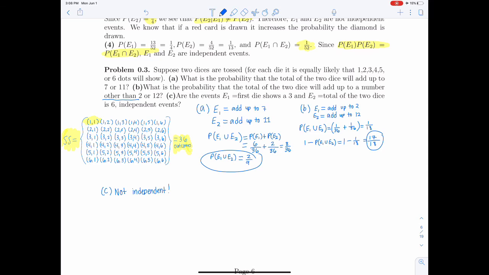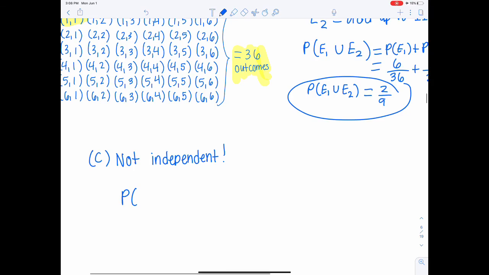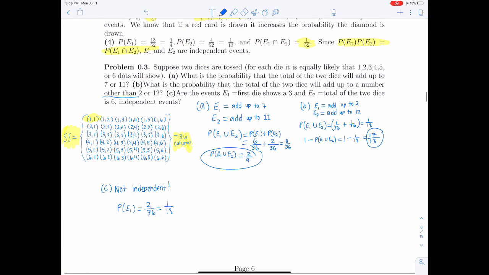So the probability of me showing a 3 on the first try, well, that only happens 2 different ways. So 2 out of 36. So P of E1 equals 2 out of 36, or 1 over 18. And then E2 is the total of the 2 dice is 6. Are they independent events?